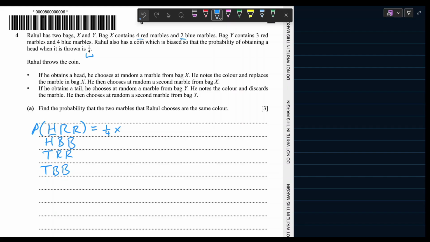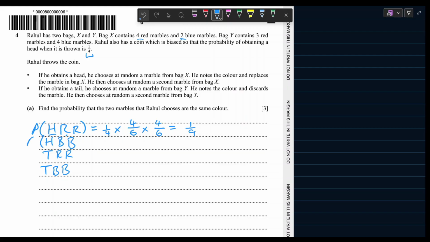We've got a total of 6, and we want to get a red marble, so that's 4 out of 6, multiplied by, he replaces the marble in bag X, so our total for the second pick is still 6, and we still have 4 red marbles because he has replaced the marble he took. So that is 1 over 4 times 4 over 6 times 4 over 6, which gives us 1 over 9.